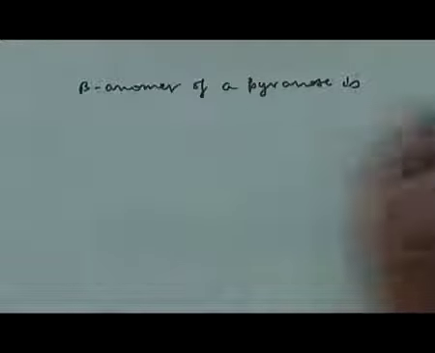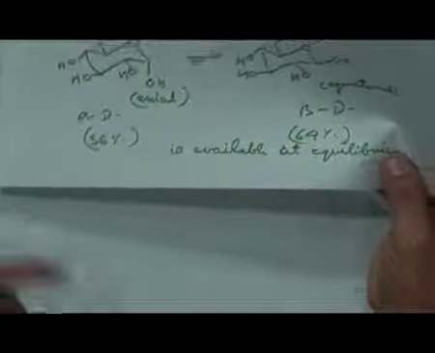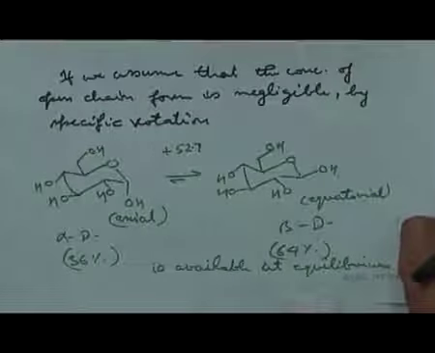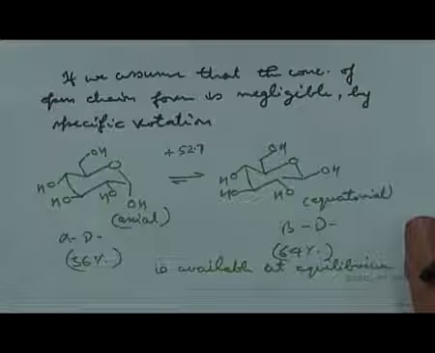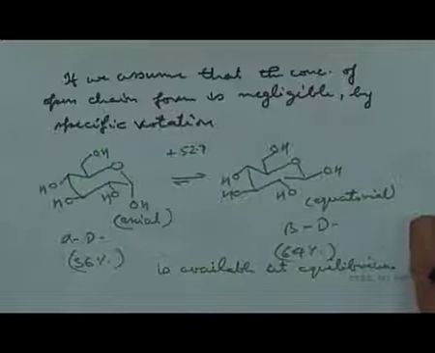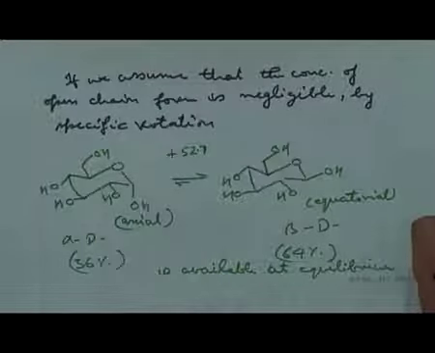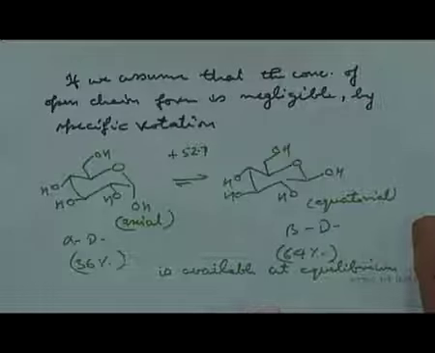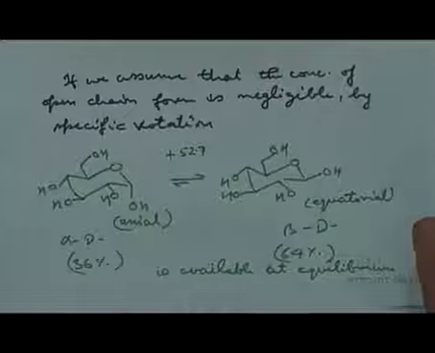As we saw in a mixture, based on the calculation of specific rotation, 64% of beta D-glucopyranose is there and 36% of alpha D-glucopyranose. This should not reflect that beta D-glucopyranose is the more stable form.